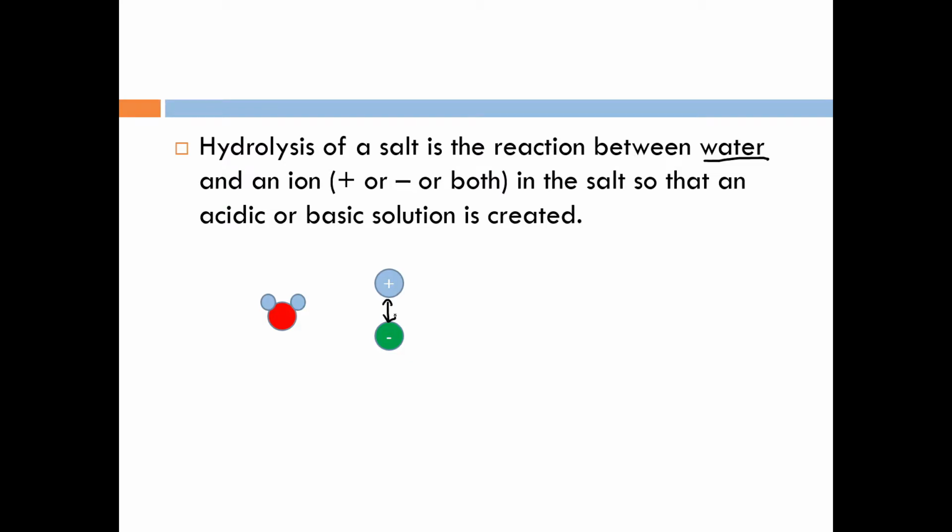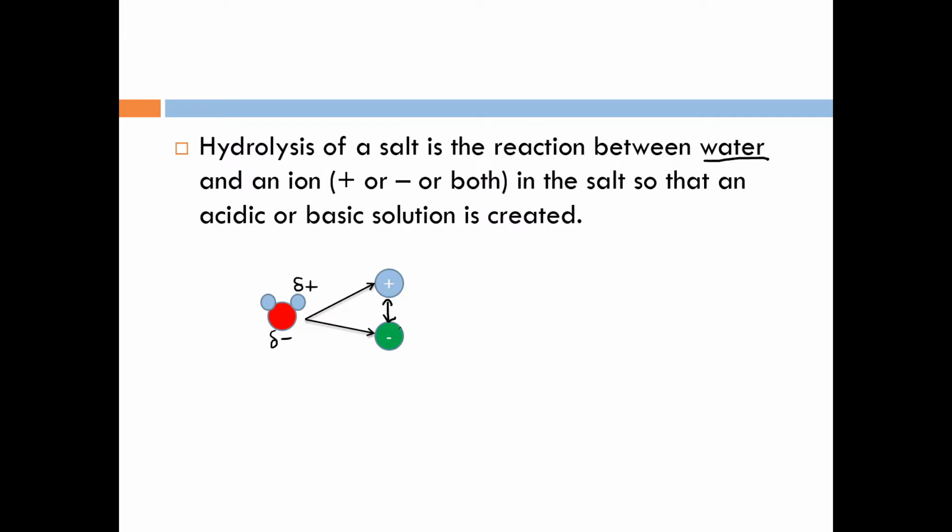Now, as you know, ionic compounds are attracted by the opposite charges of their ions, and water, we always mention this in chemistry, is a polar molecule which has a slightly positive charge here and a slightly negative charge here. So the water will actually attract the ions to itself.